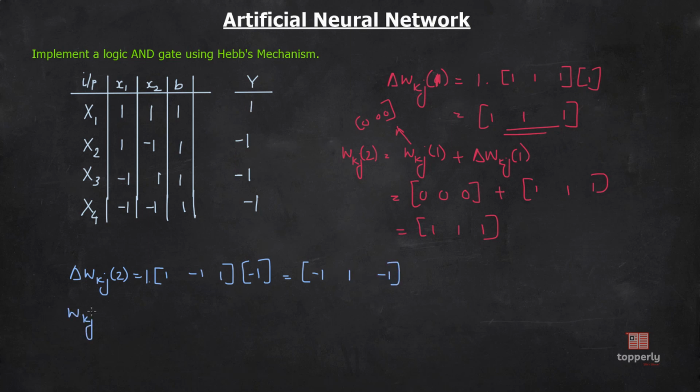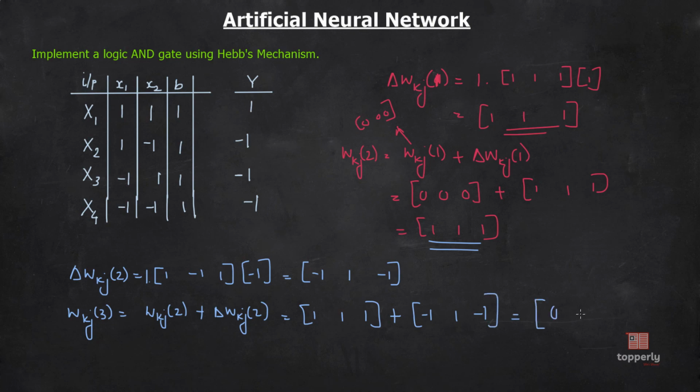Therefore, wkj of 3 can be written as wkj of 2 plus delta wkj of 2, which is 1, 1, 1, see from here, plus minus 1, 1, minus 1, which can be written as 0, 2, 0, right?